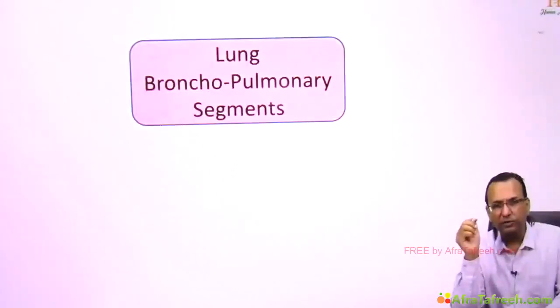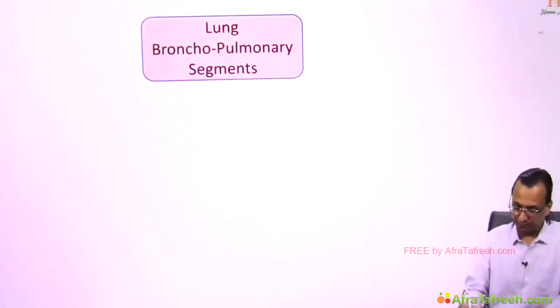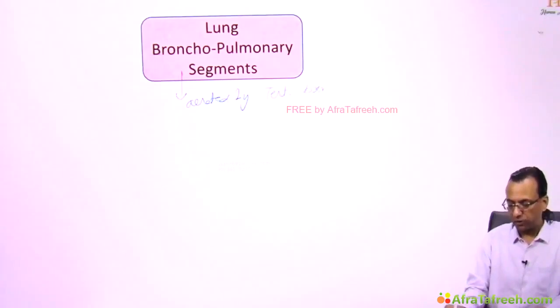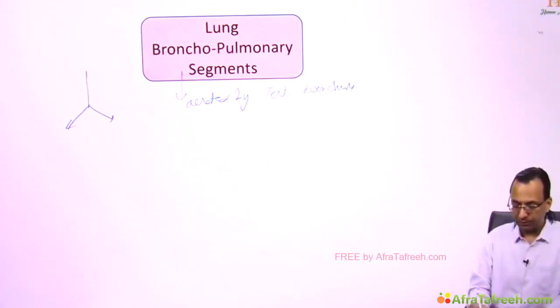Bronchopulmonary segments. In the lung, we will have bronchopulmonary segments which are aerated by tertiary bronchus. What is tertiary bronchus? There is a trachea which is dividing into principal bronchus, and that principal bronchus is 1 degree bronchus.